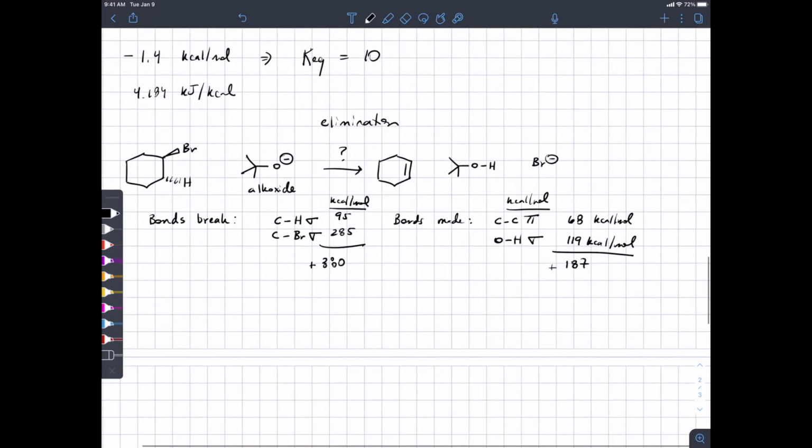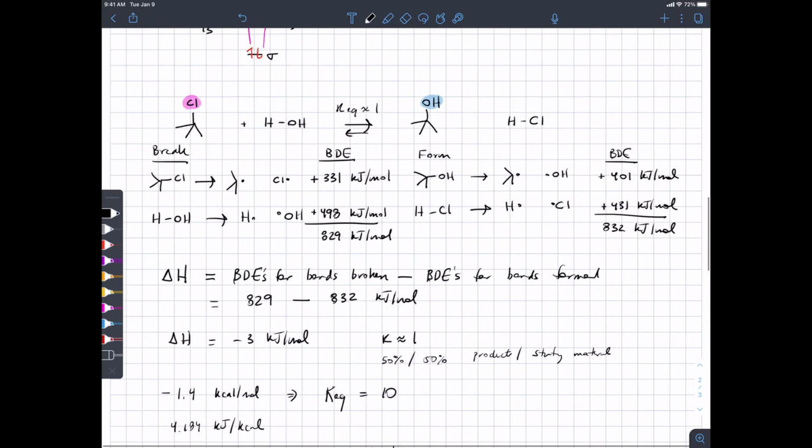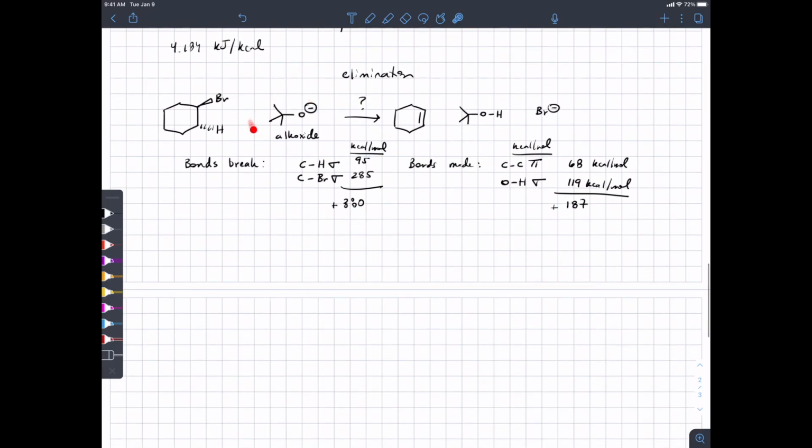There's a problem here, though. If you go back and look at these bond dissociation enthalpies, they all come from processes that involve neutral radicals. Okay? And if you look at our reaction here, we have a negatively charged starting material and a negatively charged product.